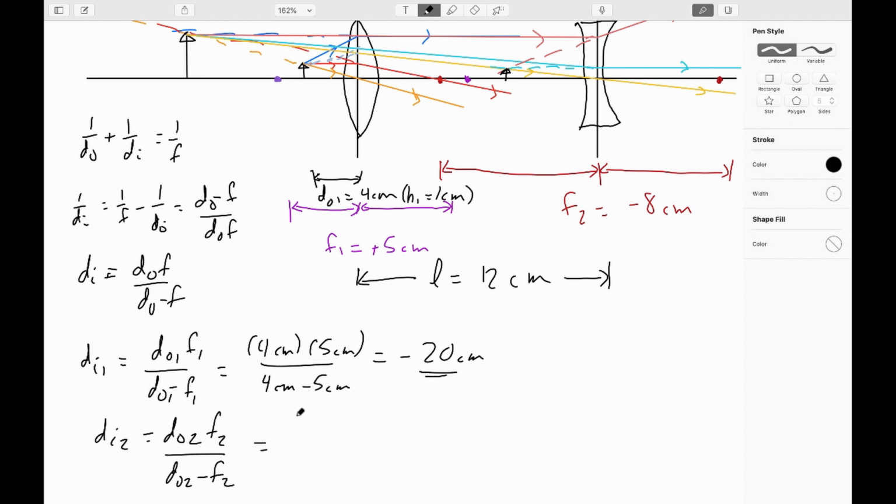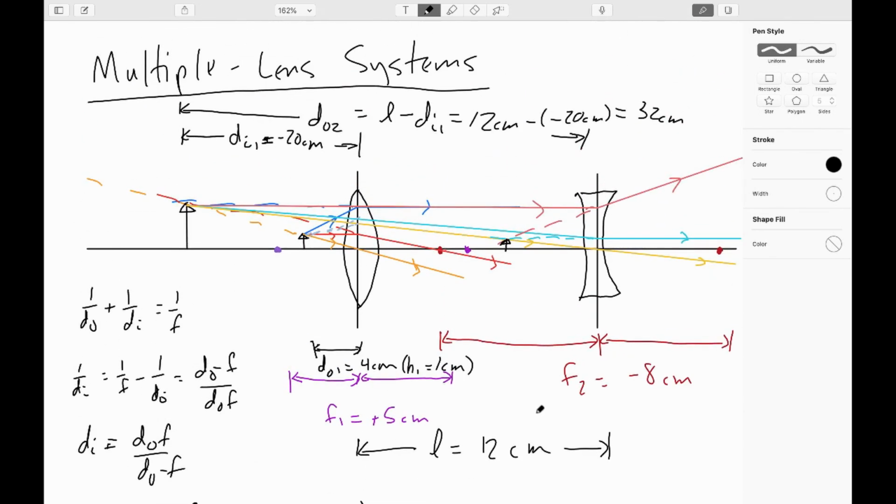We said that DO2 was 32 centimeters, and F2 is negative 8 centimeters. And this is going to be 32 centimeters minus a negative 8 centimeters. That works out to be negative 6.4 centimeters. From where? From the second lens. So we've located DI2 here.